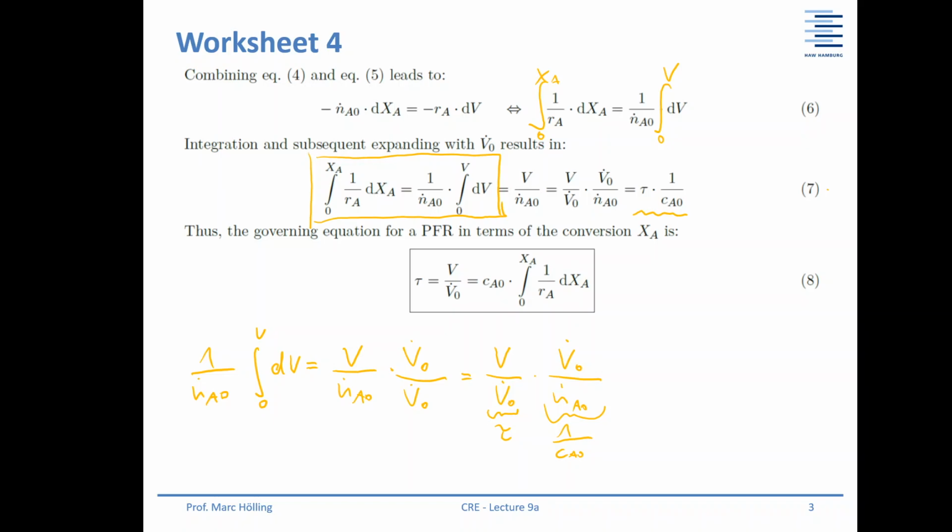And for R1, just in case it is a first order reaction, you put in your rate constant times your concentration, and then you can solve it for first order.